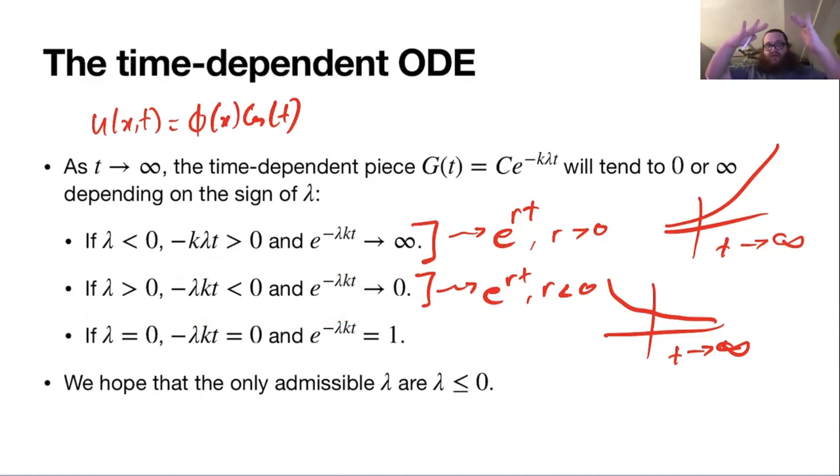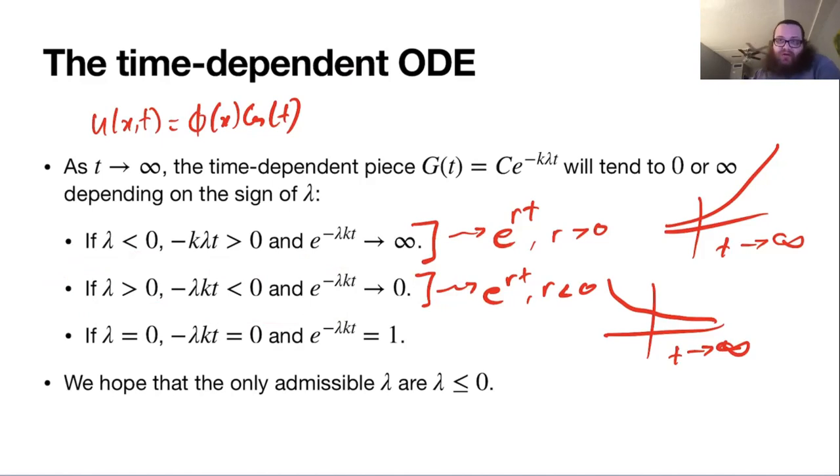And so the temperature distribution, the solution to this heat equation, will keep getting pushed down to 0. And so maybe this is the behavior that we expect to see. Okay. And so maybe the lambda that appears in this constant minus lambda, that should probably be positive. So this is something that we're going to be looking for and checking for when we incorporate the boundary conditions and solve that spatial piece.